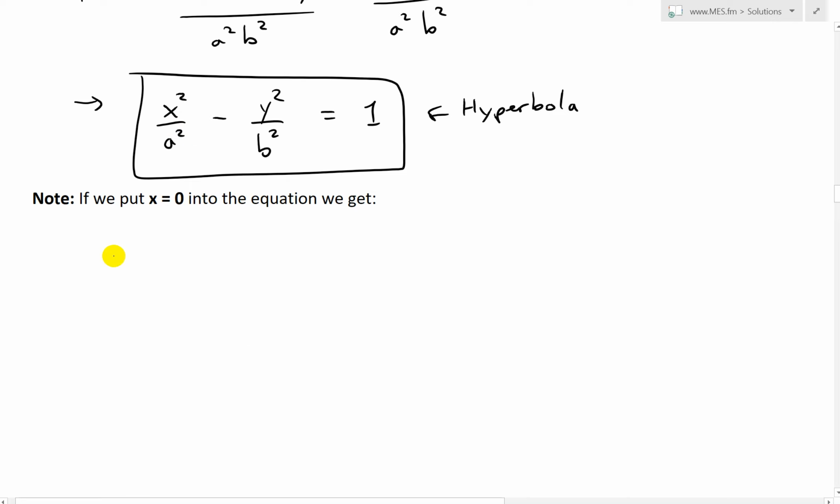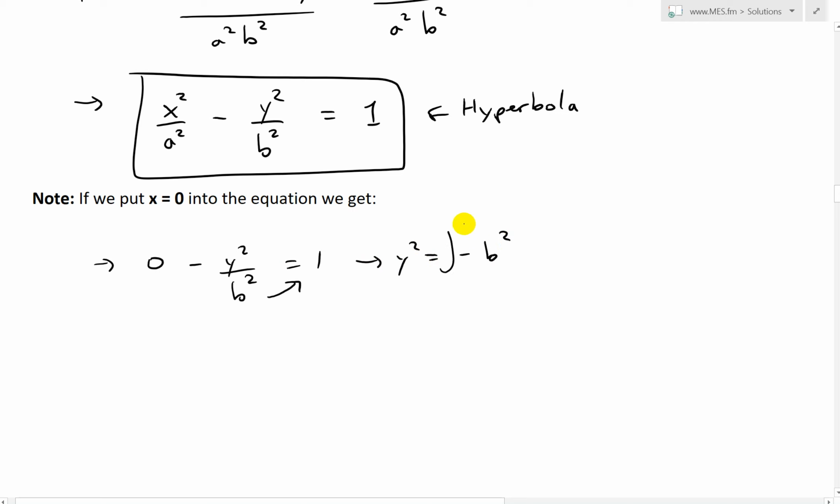well, 0 minus y squared over b squared equals 1, because 0 squared is 0. Just move this over, and then move the negative over. What we end up getting is y squared equals negative b squared.